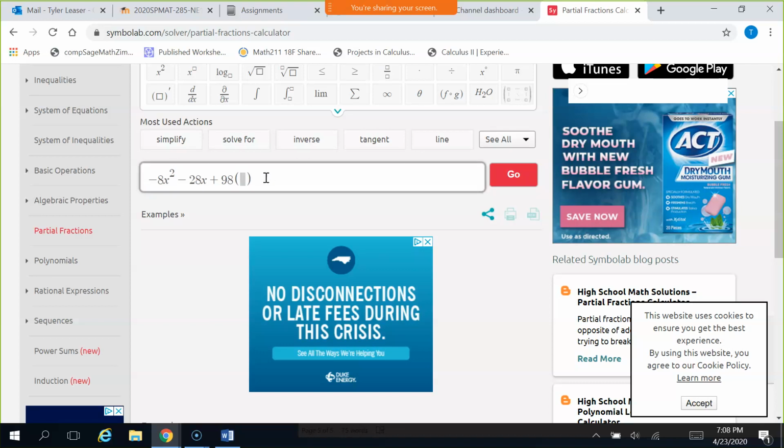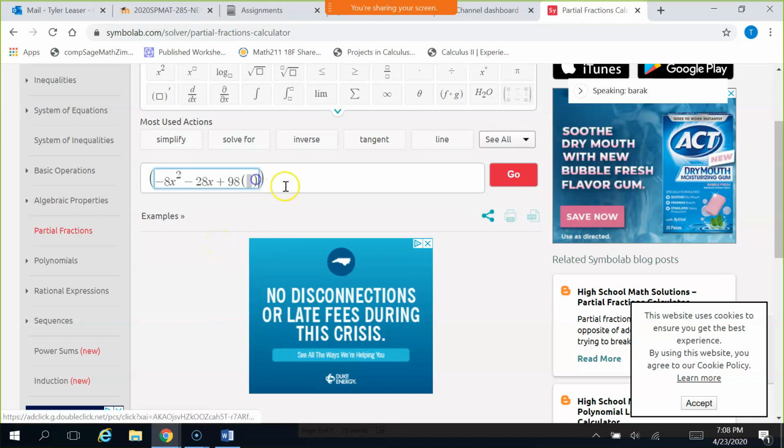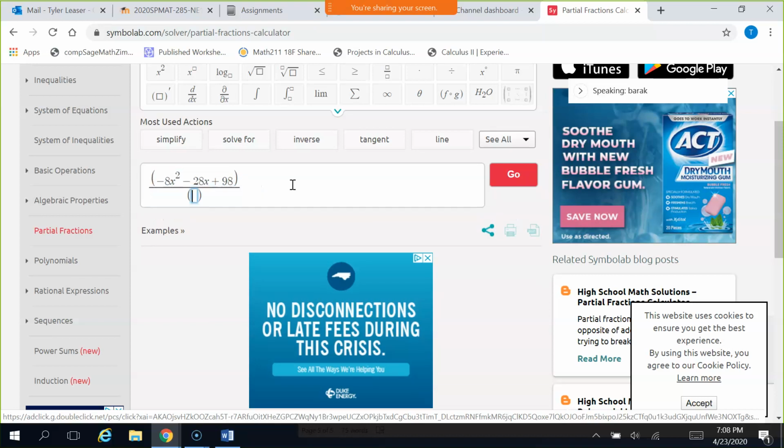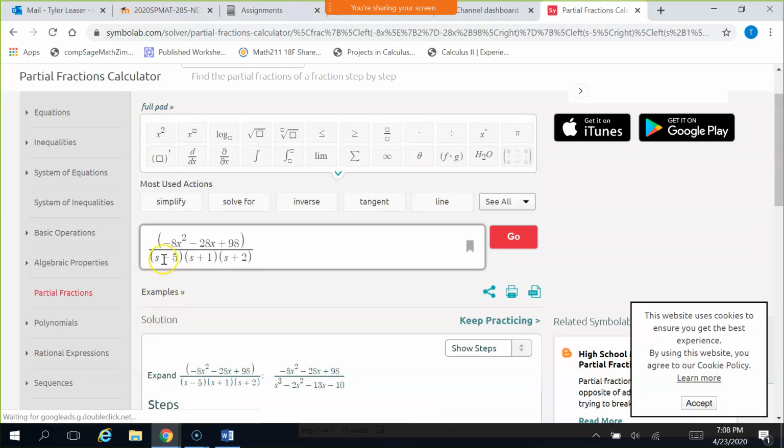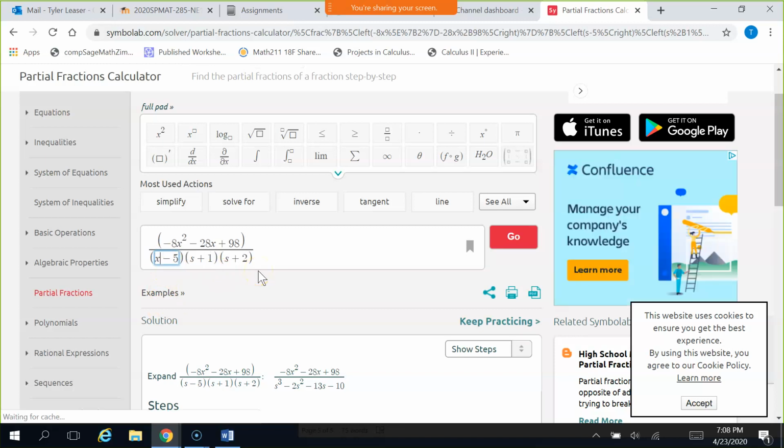You have to highlight it and then do it. Okay. All right, so that all divided by s minus 5, s plus 1, and s plus 2. Go. Oh, no, they're x's. Oh, no. Stop, Symbolab. I'm so sorry.